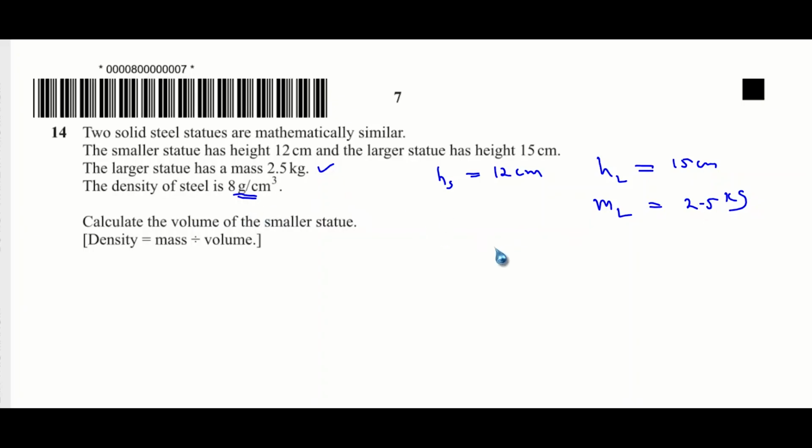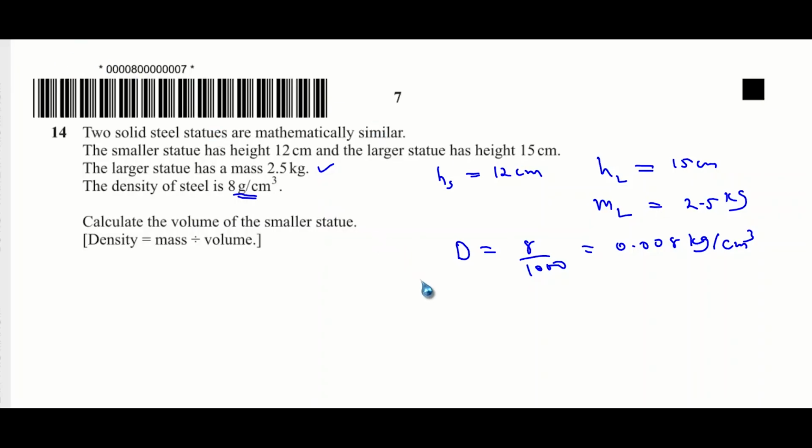The density is 8, so let's convert this: 8 divided by 1000, which equals 0.008 kilograms per centimeter cubed.